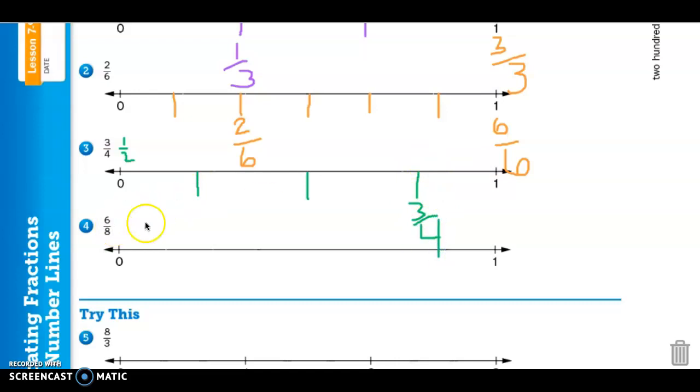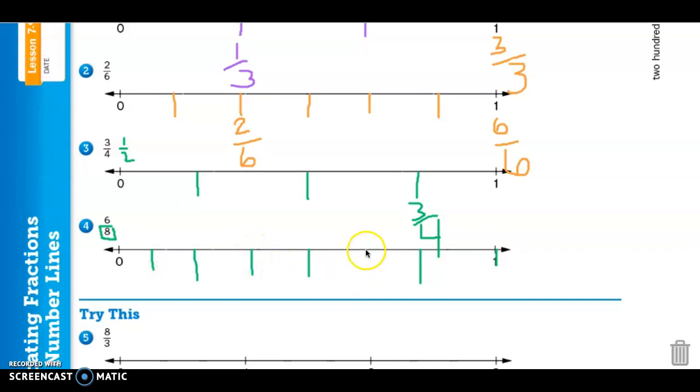Okay, next one, 6/8. I'm going to use that same strategy. I know if I look at the denominator, it tells me how many equal parts to split this whole into. I'm going to need 8 parts, but I just need to double my fraction from before. So there's 1, 2, 3, 4 equal parts, and I need to split each of them so that I double it and I get 8 equal parts.